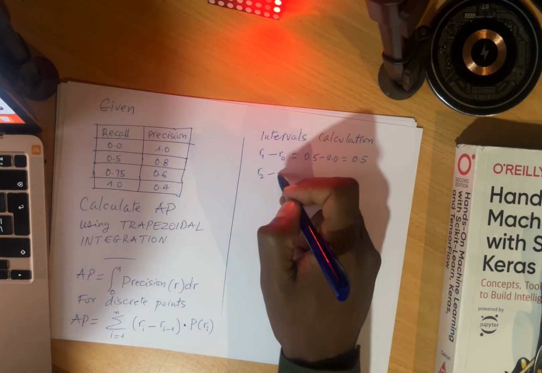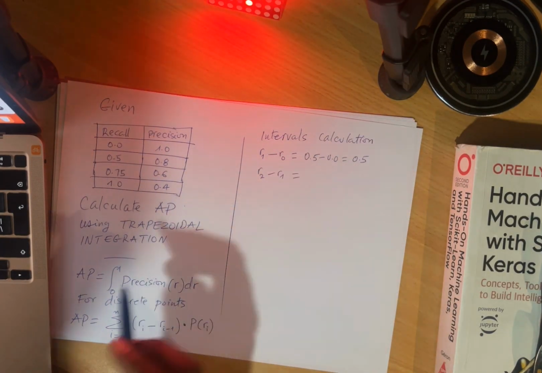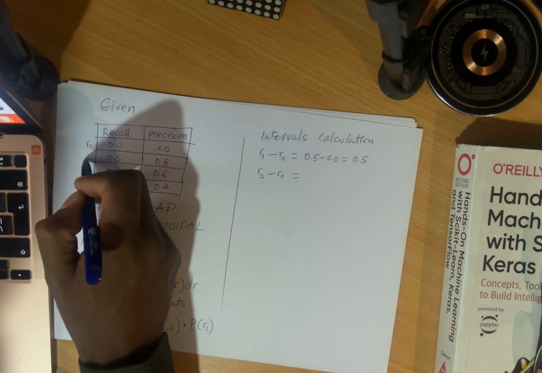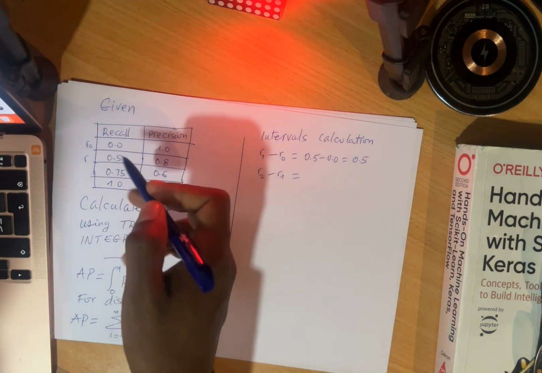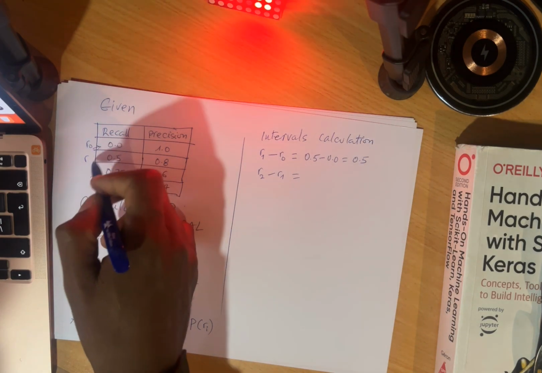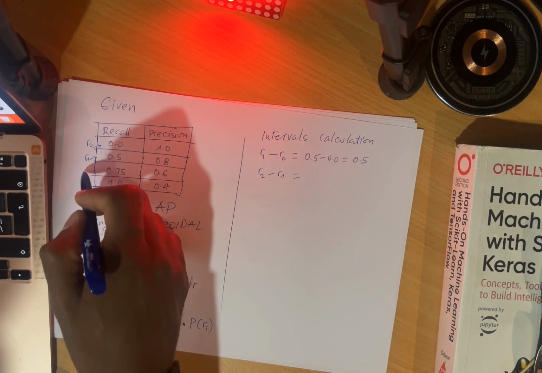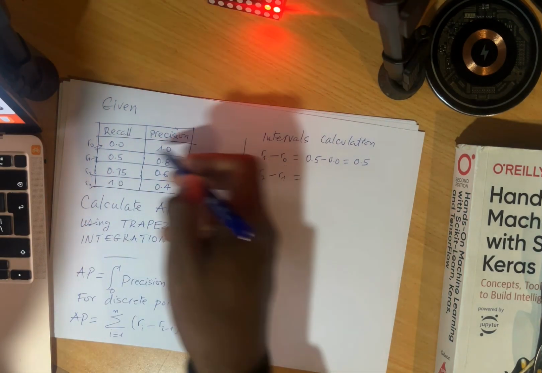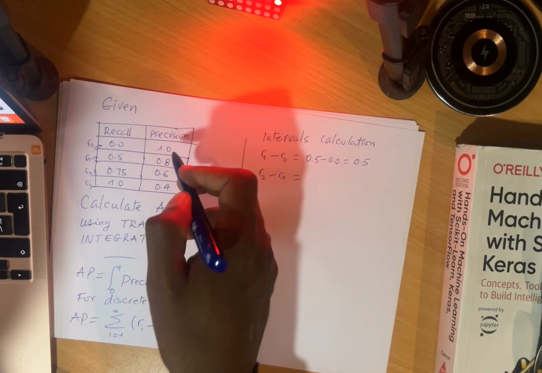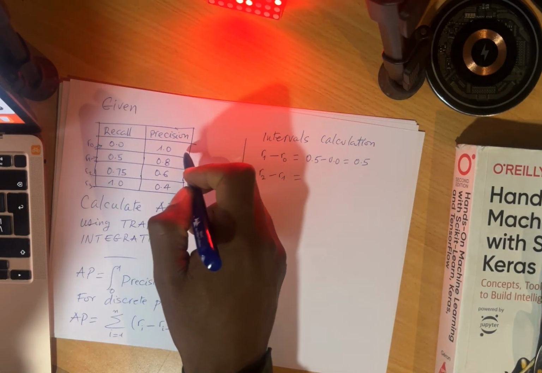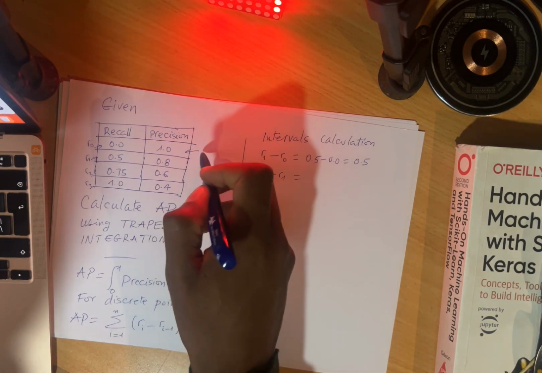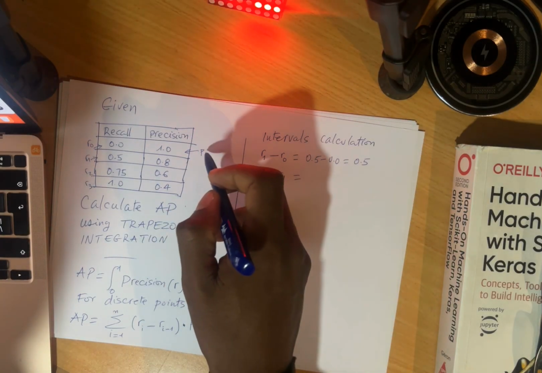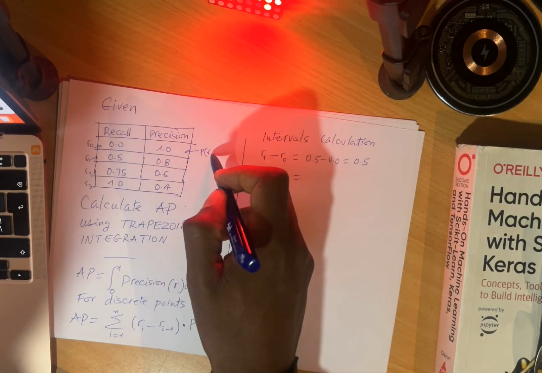Then R2 minus R1. Yeah, this is actually R0. This is R0. This is R1. This is R2. This is R3. Okay, so this is P for R0.